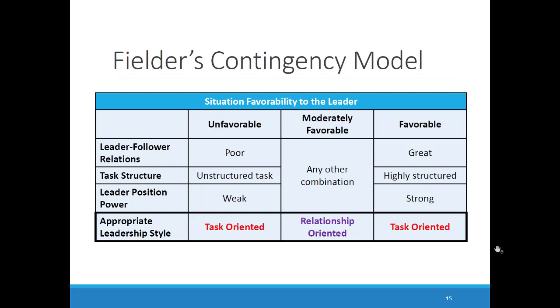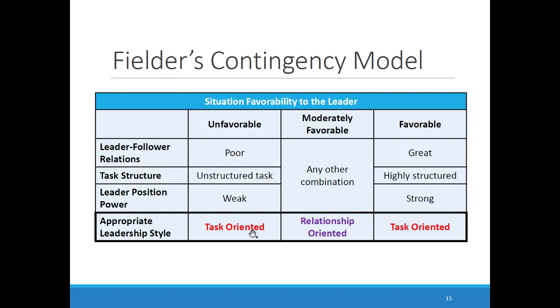So this chart on slide 15 kind of summarizes Fiedler's contingency model. And so if we look, just kind of skipping down to the bottom row that's bolded, we can see that the appropriate leadership style is either task-oriented or relationship-oriented, depending on the characteristics of the situation.